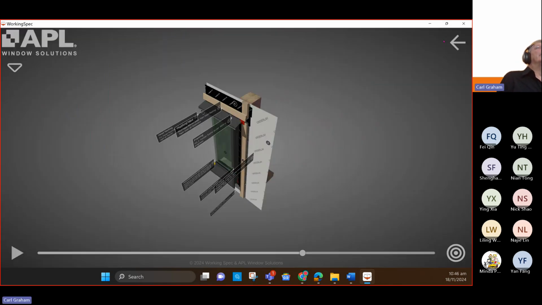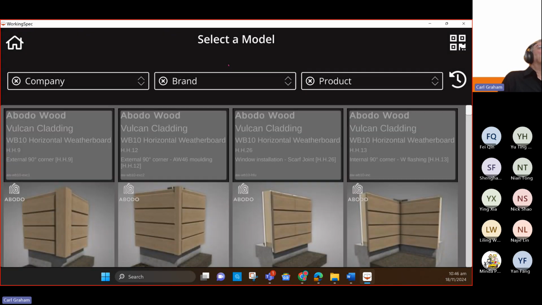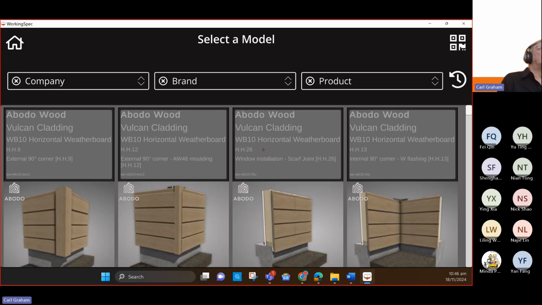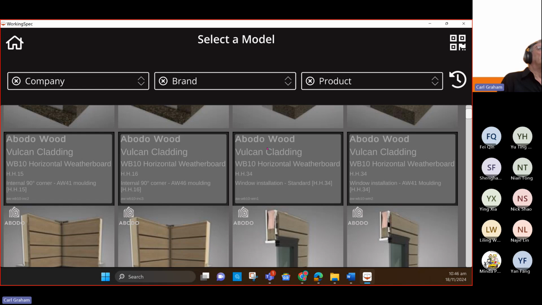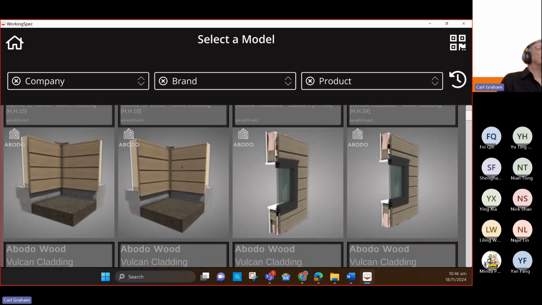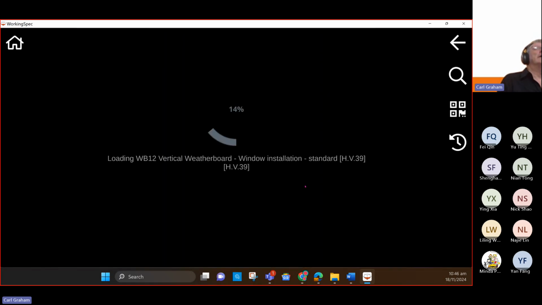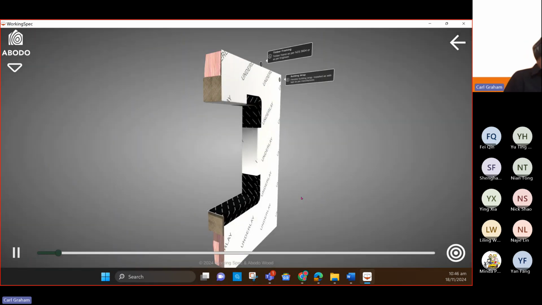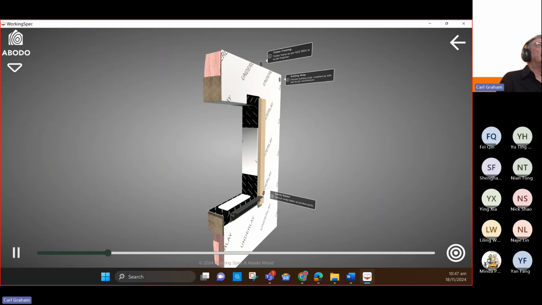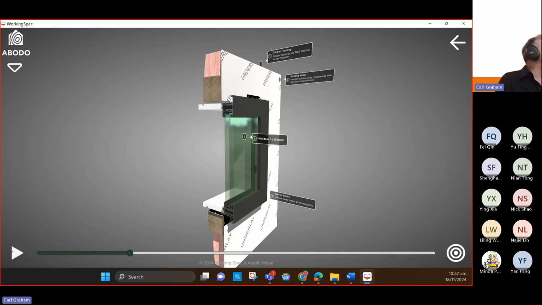If you wanted to, as students, you can download that. That's a working spec, and the software is free. Companies basically use it to explain to builders how to build their products. I've talked to them and said this would be really cool for you as students, and he said it's not hard to do.